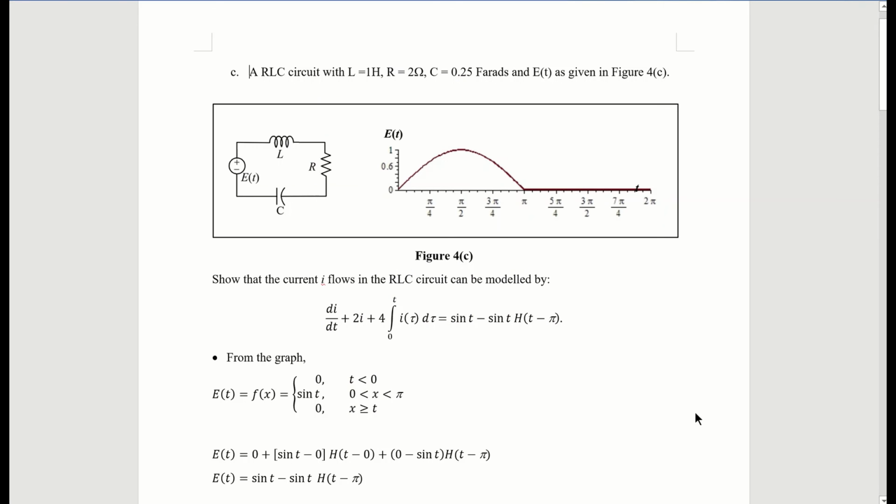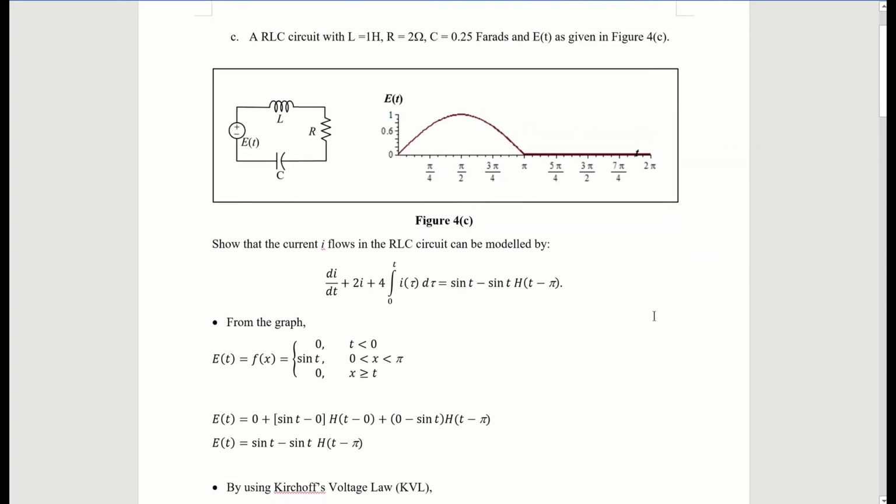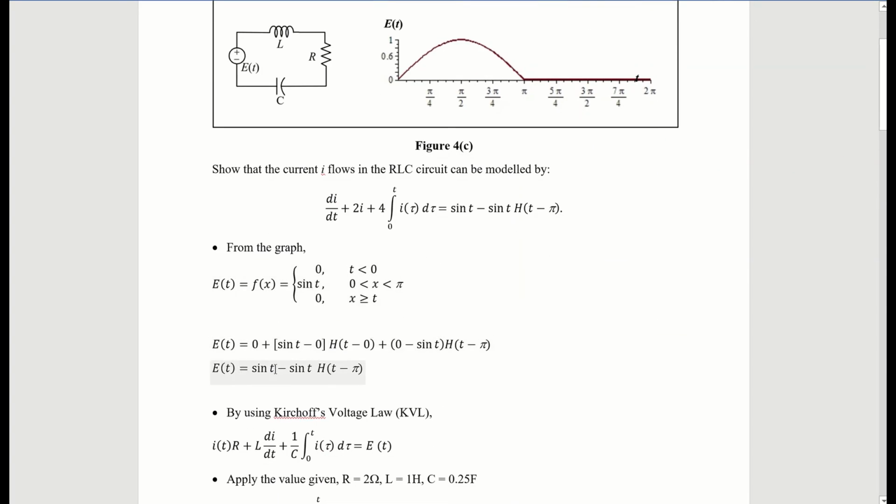Next, the simulation for question 4c. In question 4c, the question gave a series RLC circuit with the value of inductor equals to 1 Henry, resistor equals to 2 ohm, and capacitor equals to 0.25 farads. So we need to prove that the current flows in the RLC circuit can be modeled by this equation. From the graph, you can say that E(t) equals sin t minus sin t heavyside(t minus pi).